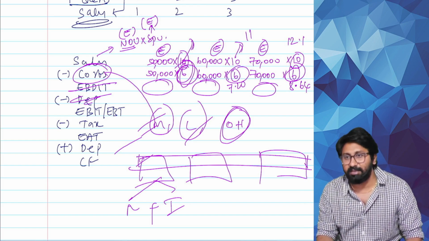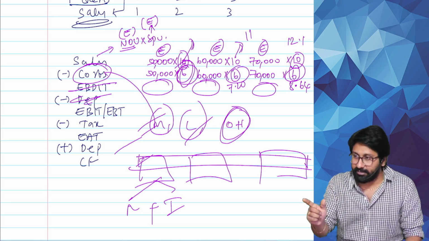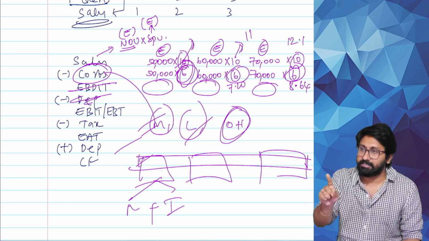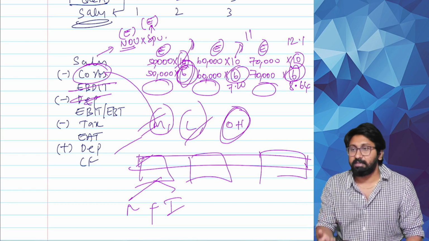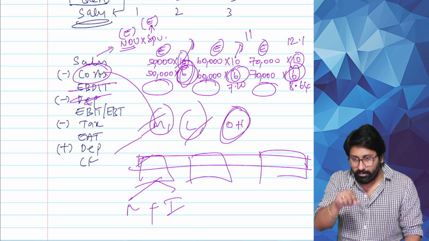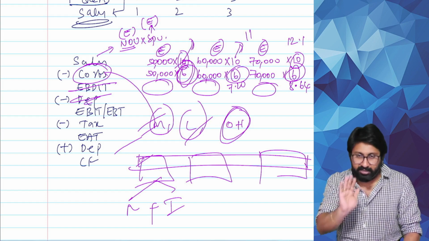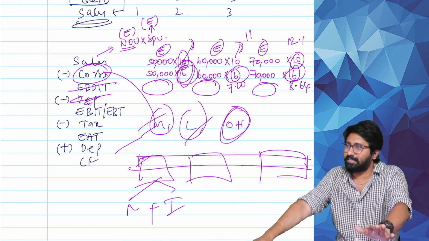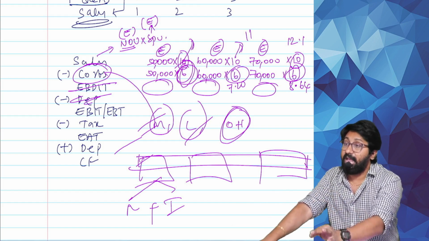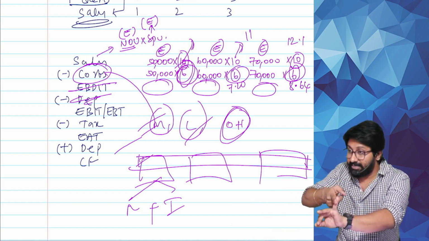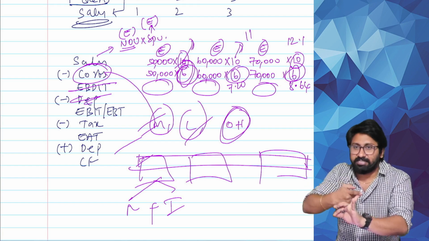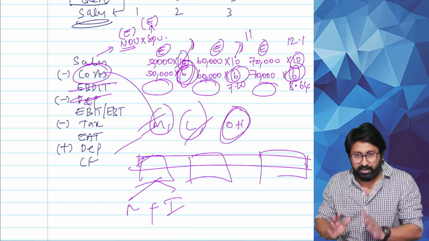Next, tax 30%. 2 lakh into 30%, remove that, you get 1 lakh 20. Depreciation we have not taken, assume all these things. That 1 lakh 20 is having the risk, and is also having inflation inside it. Correct?